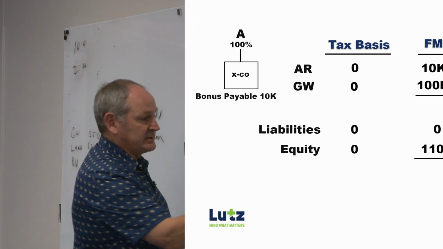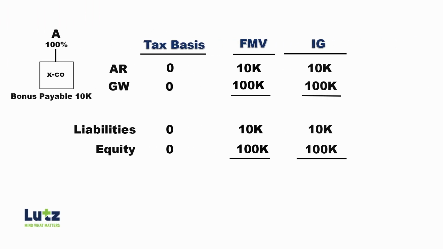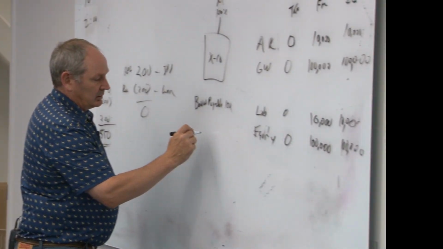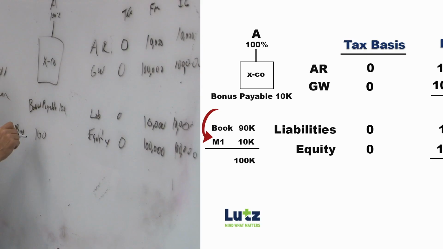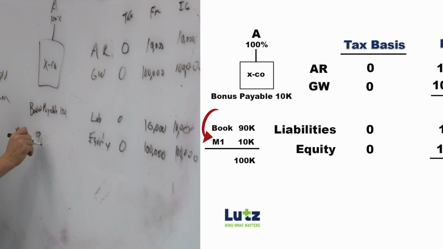So now my liabilities are 10,000. Because when I do that final C return, if you have more than a 50% owner of a C Corp and there's a bonus that's booked and payable to that 50% or more owner, or 51% or more, my book income is 90, but I can't take the bonus, so my M1 is 10, and my taxable is 100.